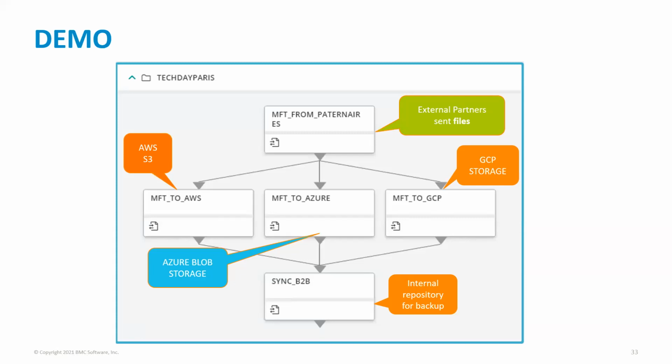I will have another synchronization B2B in another file system in my AC to send all the files that I have on the list. So you can have first the arrival of the file from the partner, send to different clouds, and then make a synchronization on the backup on your system.